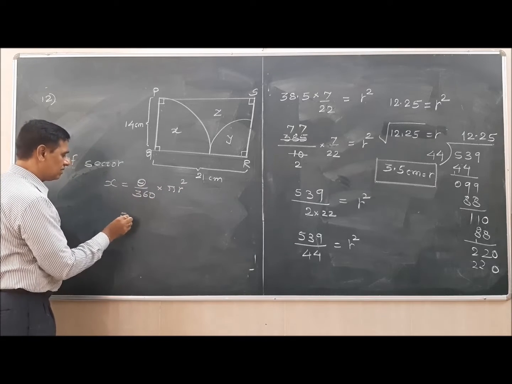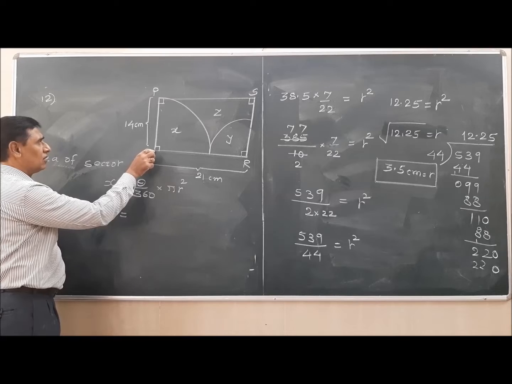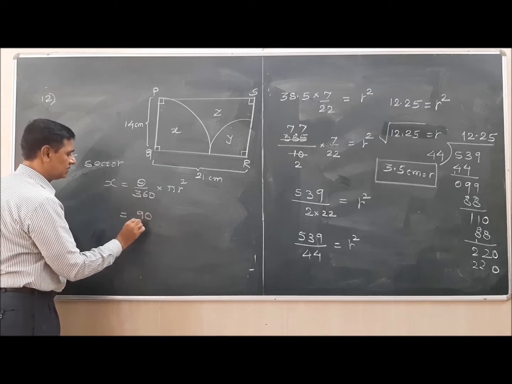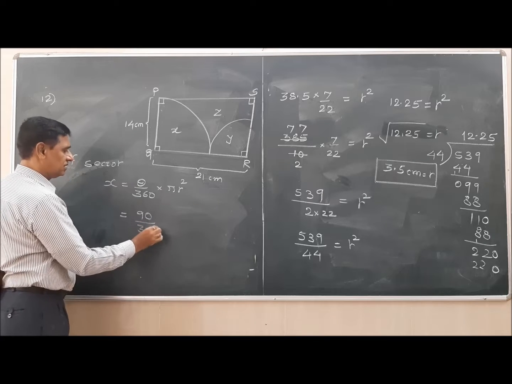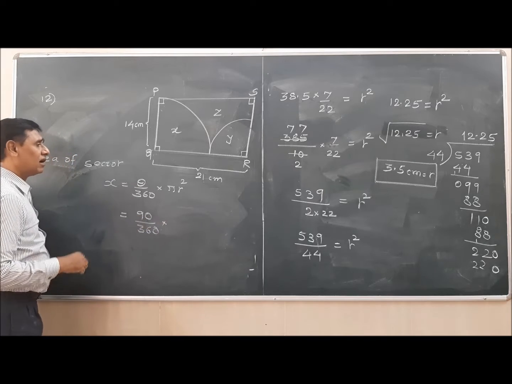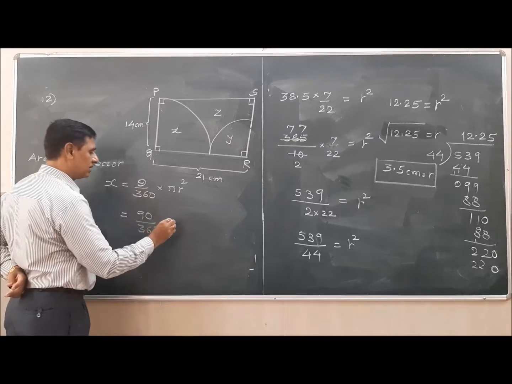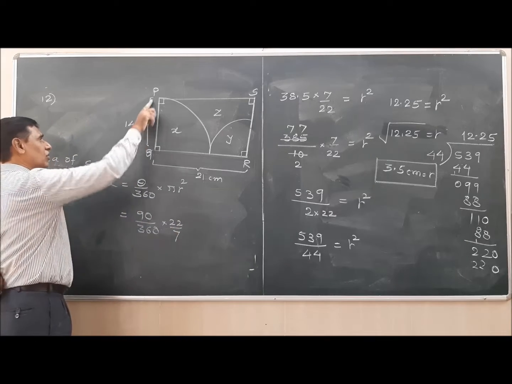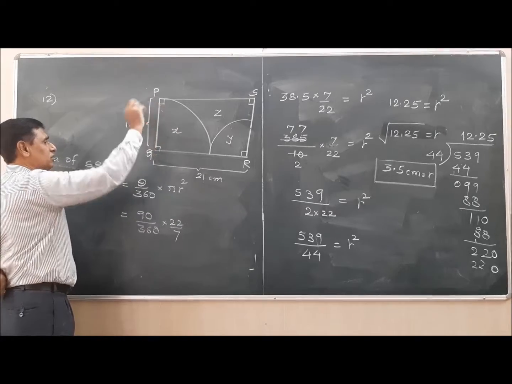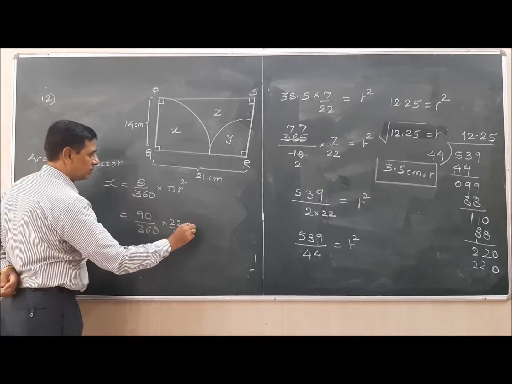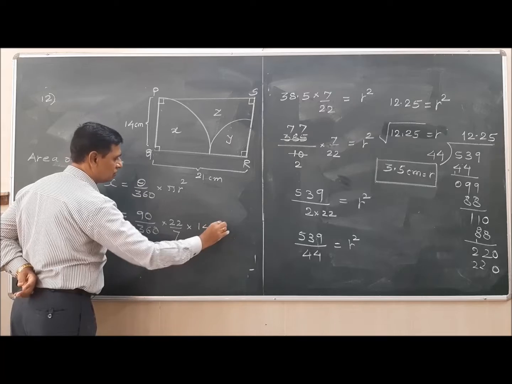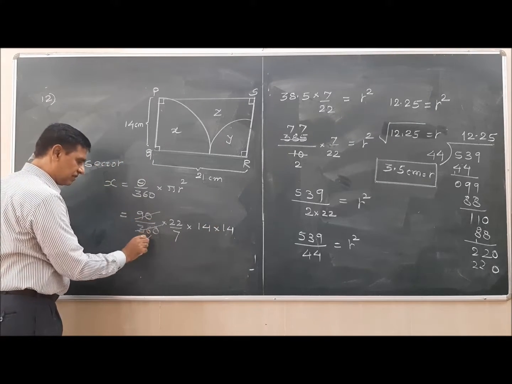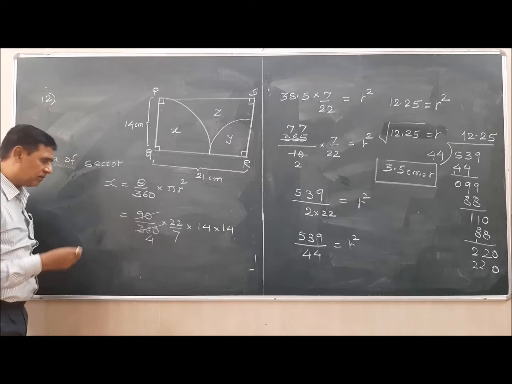Value of theta for sector X is 90, central angle, upon 360 multiplied by the value of pi, can take it as 22 upon 7. Radius for sector X is PQ, that is 40. So 40 into 40. 9 4s are 360. Very easily you can get it over here.